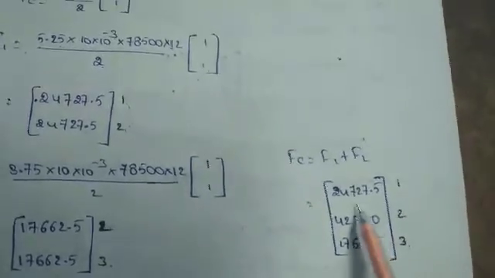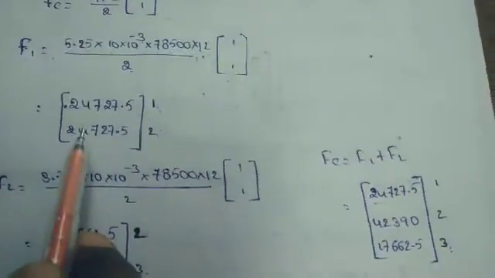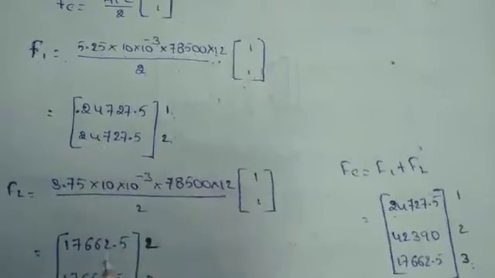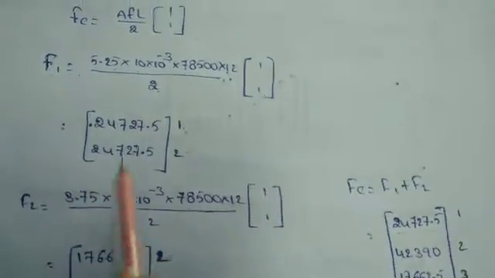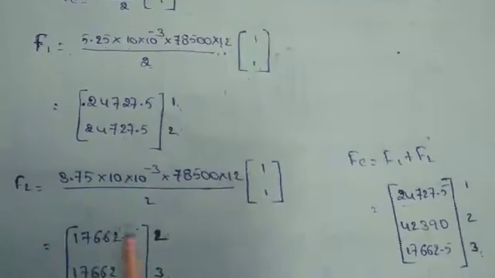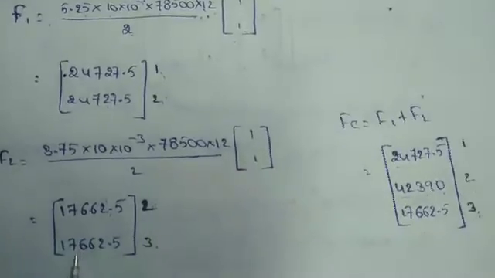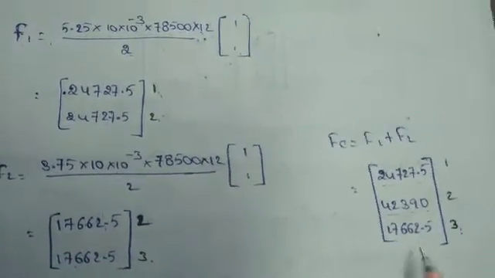First of all, 1 is 24,7 7.5, keep it here, and 2 is present in F1 and also present in F2. Both places have 2, so add these two values, you get 42,390. Okay, 3 is there, 17,662.5, you keep this value.